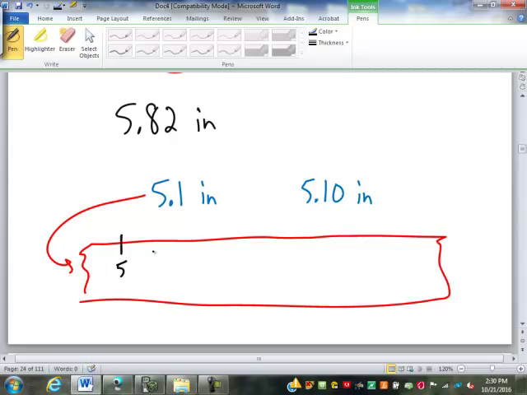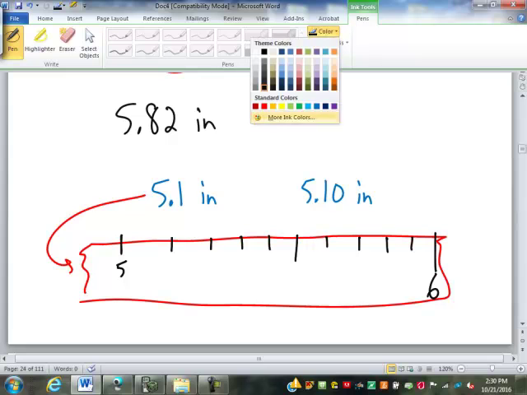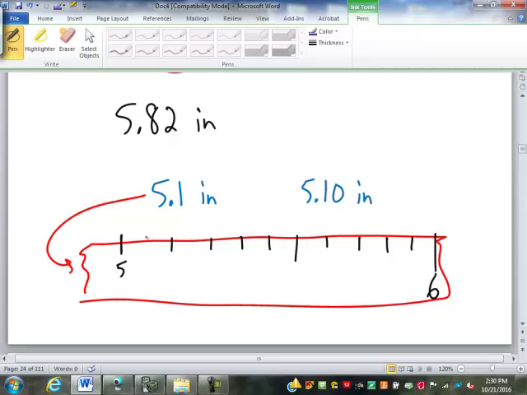Here's 5 inches. Here's 6 inches. That 5.1 inches is implying I measured this on a device that goes to the nearest 1/10 of an inch. And what we measured happens to be somewhere in that range, closest to the 5.1 or 5 and 1/10.